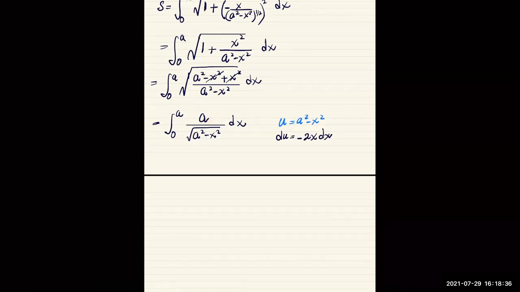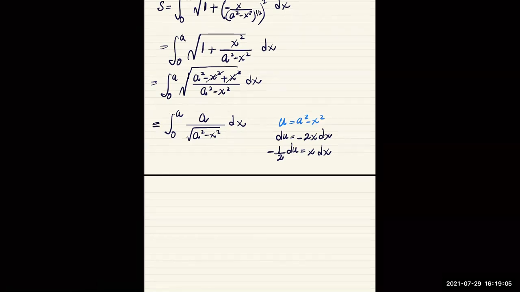The derivative of the inside function is not sitting in the integrand. See, we typically divide by that too. We get negative 1/2 du equal to x dx. X dx is missing here, so I can't solve the integral. I can't, but this is the integral form of the answer.